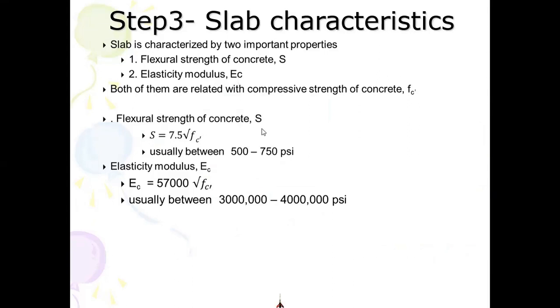The flexural strength of the slab is estimated by 7.5 square root f'c, and it is usually between 500 to 750 psi. Then comes the elasticity modulus, Ec. Ec is 57,000 square root of f'c, and it is usually between 3 million to 4 million.